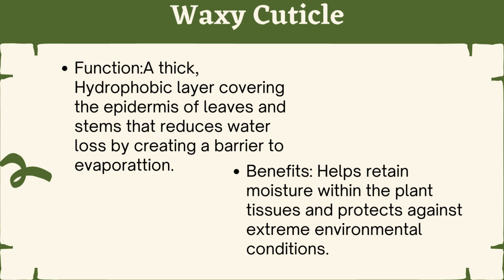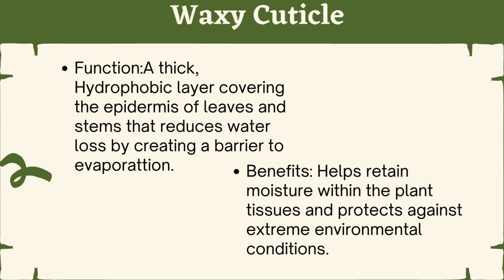Now, the waxy cuticle. The function is a thick hydrophobic layer covering the epidermis of leaves and stems that reduces water loss by creating a barrier to evaporation. The benefits are it helps retain moisture within the plant tissues and protects against extreme environmental conditions.